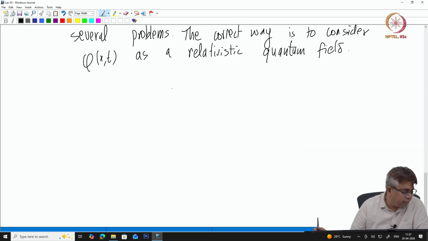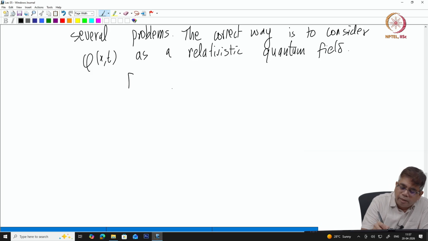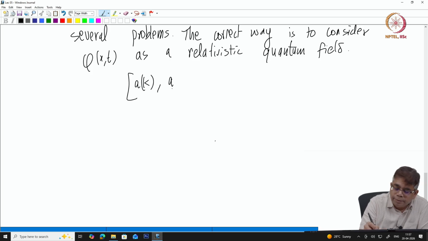Essentially, the A of k and A dagger of k, we know that they follow the harmonic oscillator formula, with k prime or q essentially. I think we used q earlier.